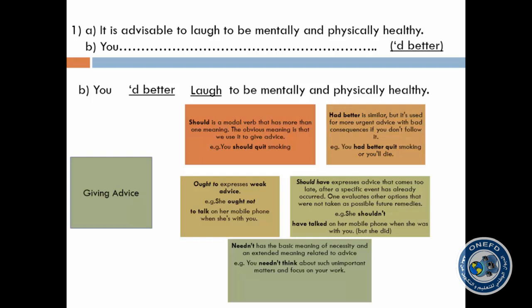For example, here, if you don't follow the advice of laughing, the bad consequence is not being mentally and physically healthy. Again, you can refer back to your textbooks on page 290 for further information.